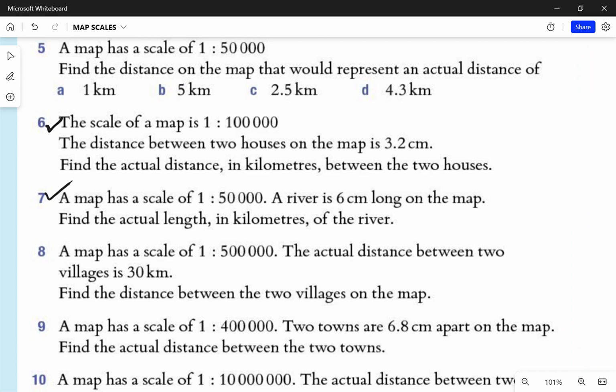The distance between two houses on the map is 3.2 centimeters. Find the actual distance in kilometers between the two houses. What has been given to us is the map distance. What we don't have is the actual distance. So the map distance has been given to us as 3.2 centimeters.